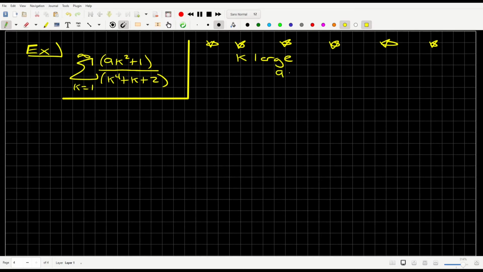The series that we have, 9k squared plus 1 over k to the fourth plus k plus 2, is approximately equal to 9k squared over k to the fourth for very large values of k. So it's approximately equal to 9 times 1 over k squared for very large values of k.